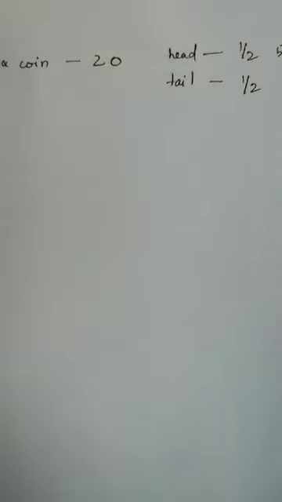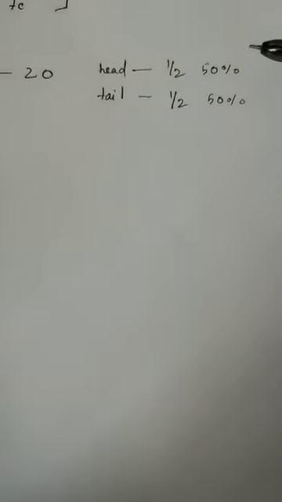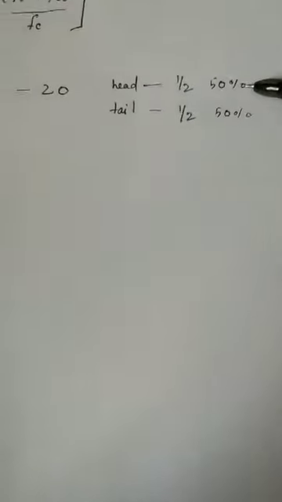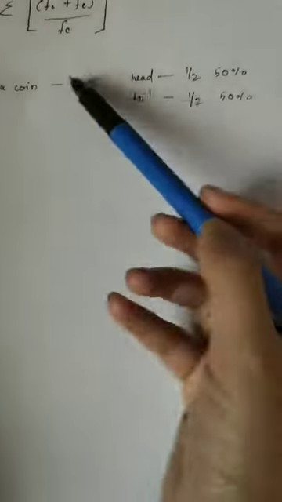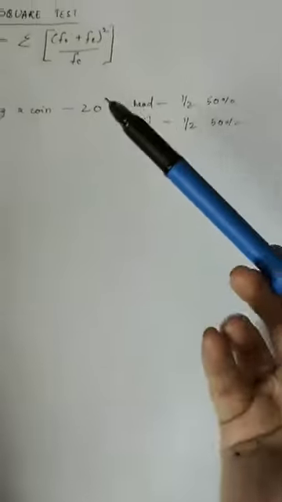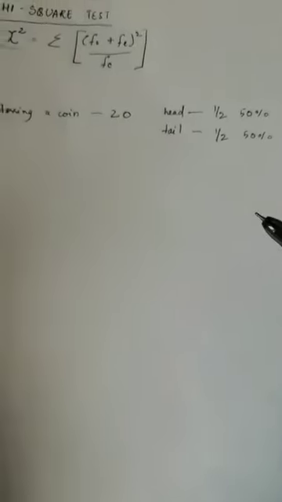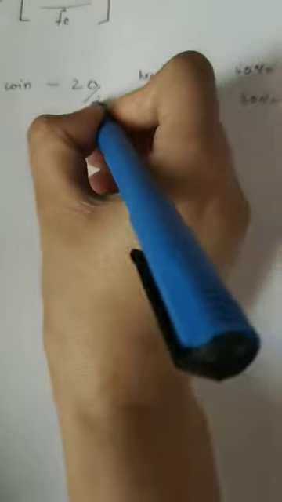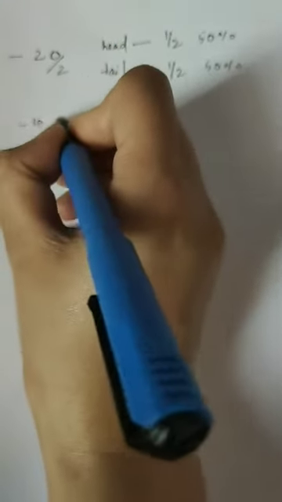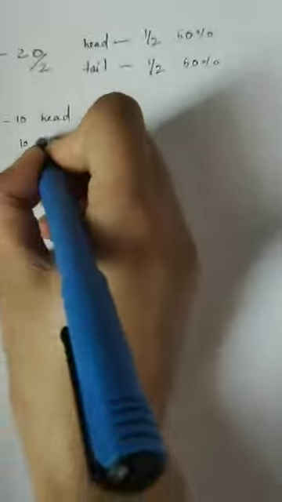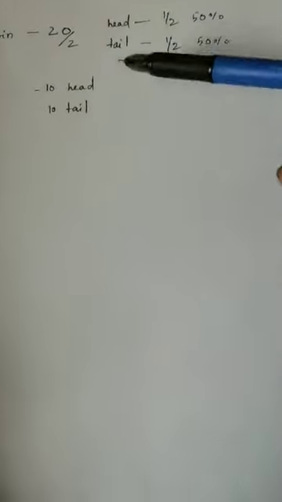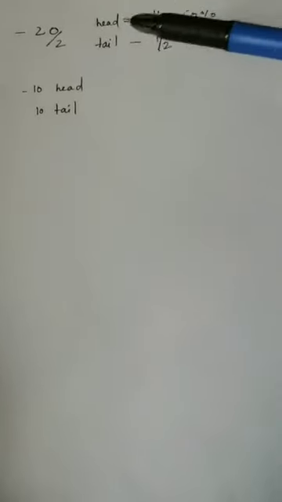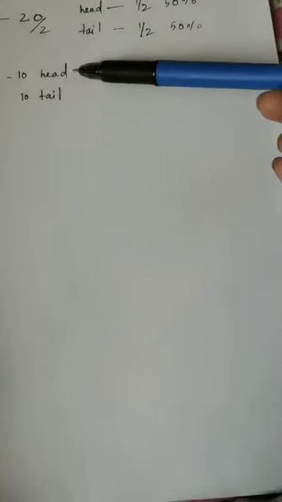So when you toss a coin 20 times, the expected frequency would be 20 by 2, which is 10 head and 10 tail. This is a perfect expected frequency.